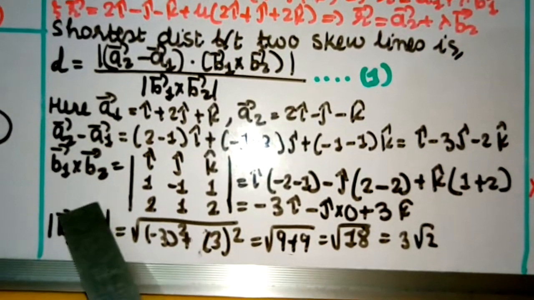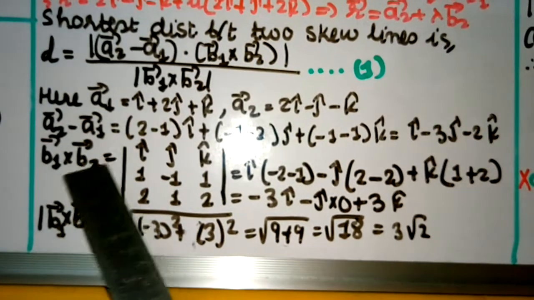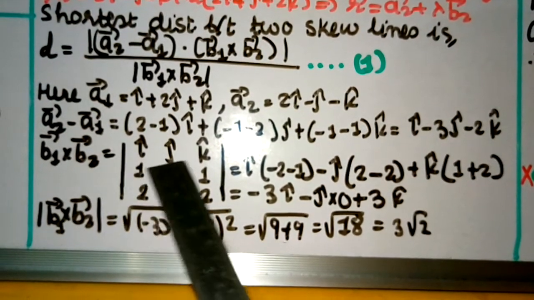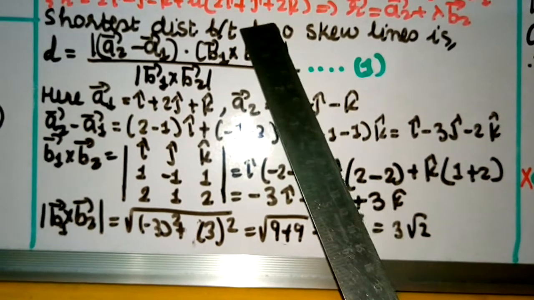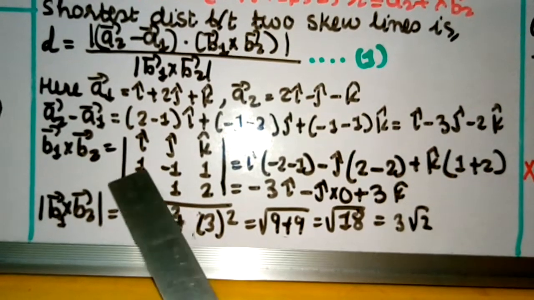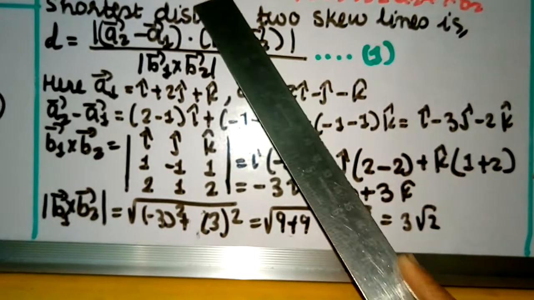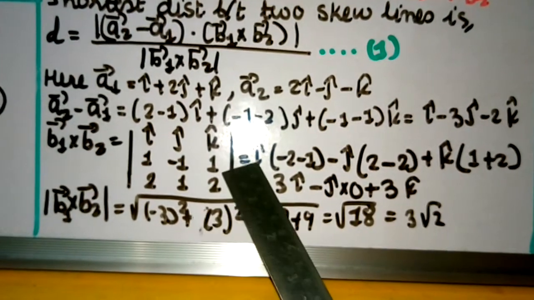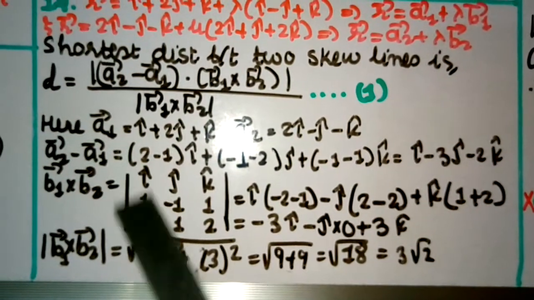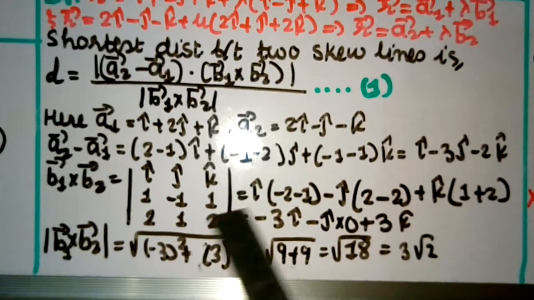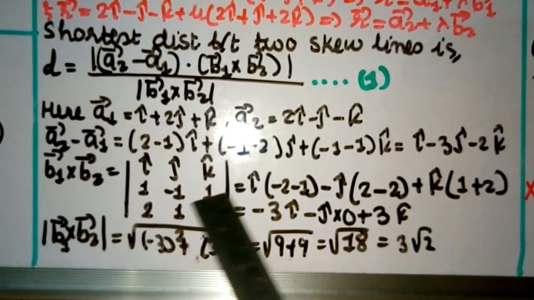So b1 cross b2 equal to a determinant, where the first row is i cap, j cap, k cap, then the coefficients of b1, that is 1, minus 1, 1, and of b2 from here, 2, 1, 2. Okay, so we open the determinant. I cap: minus 1 into 2 is minus 2, minus 1 into 1 is 1, so minus 2 minus 1.